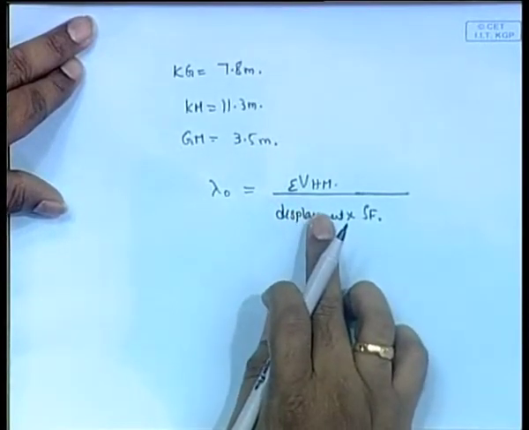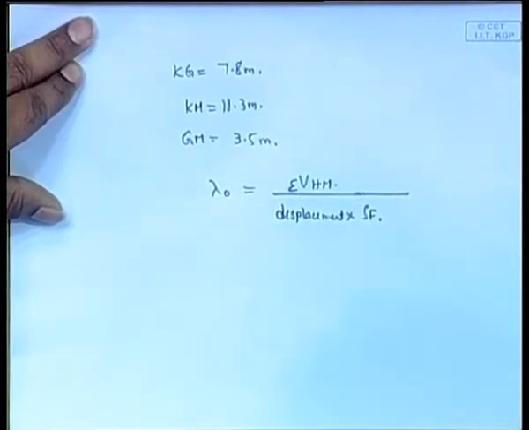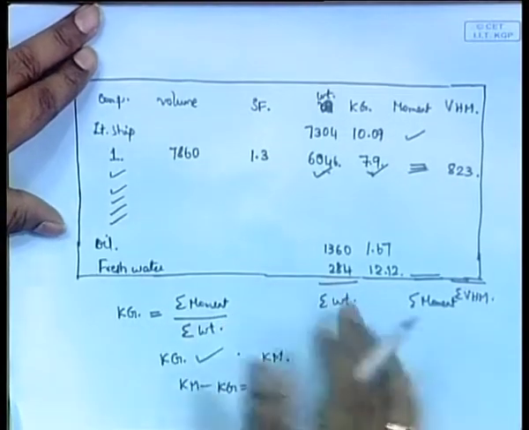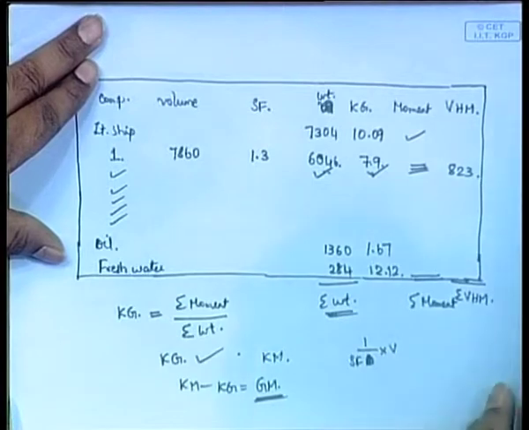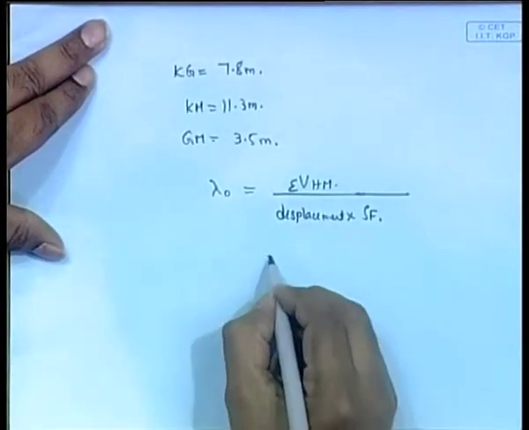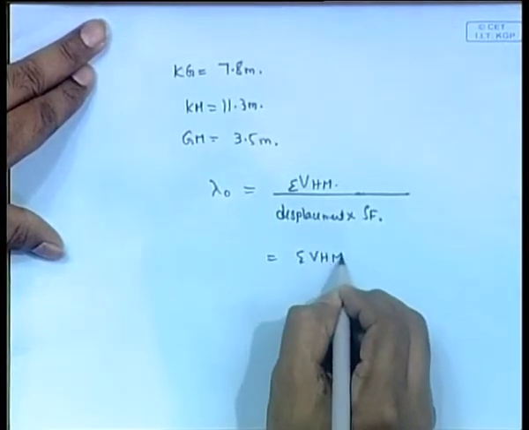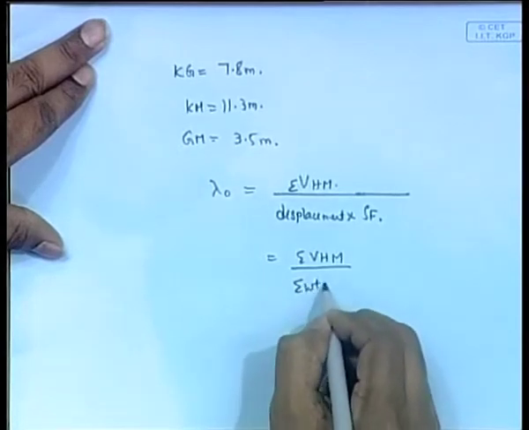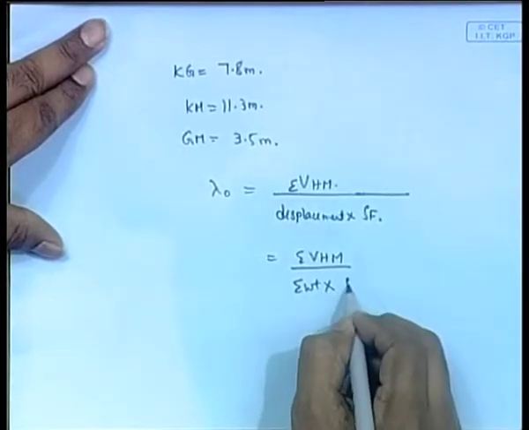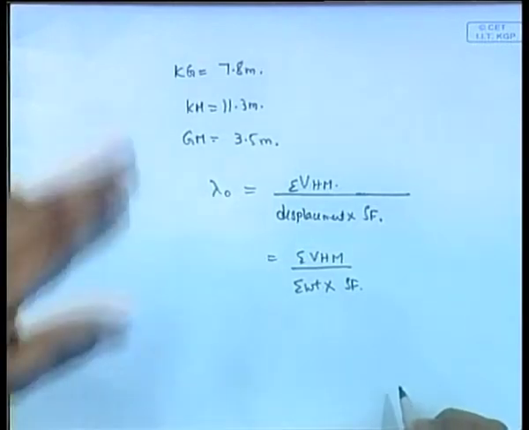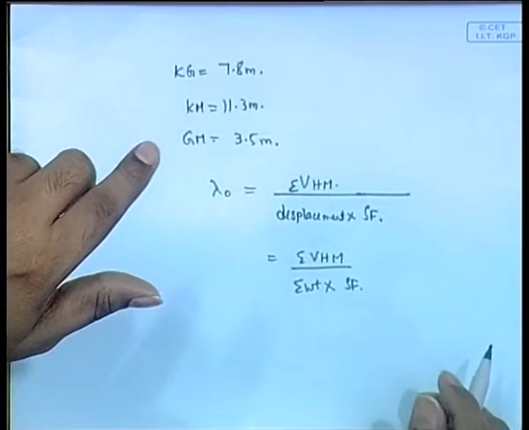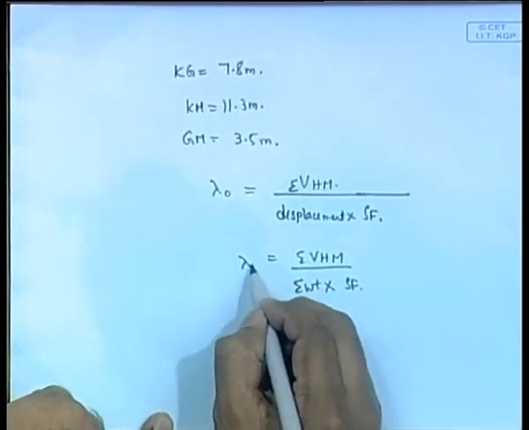Sigma displacement is this sigma weight. So, you have sigma volumetric healing moment divided by sigma weight into stowage factor. Stowage factor is a constant, some 1.3 meter cube per ton, that is given. So, this gives you lambda 0.